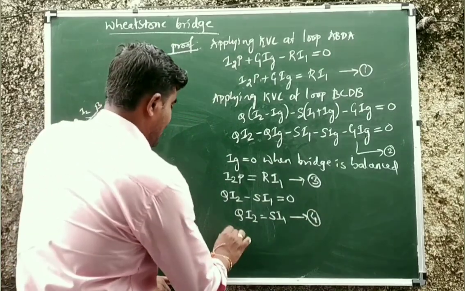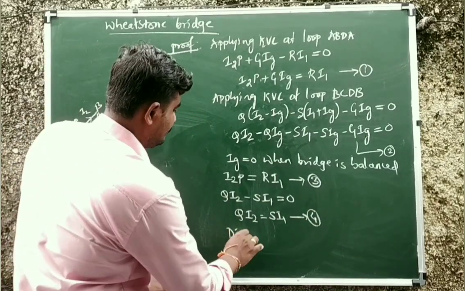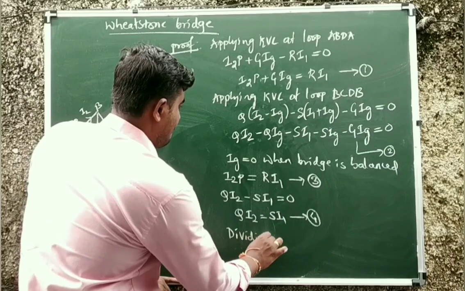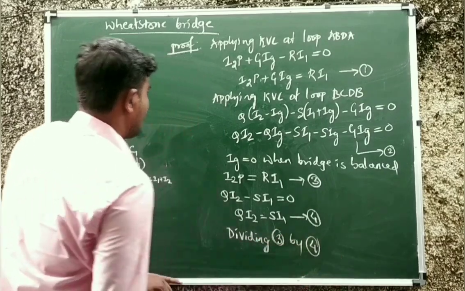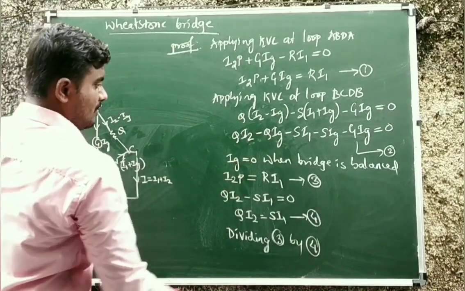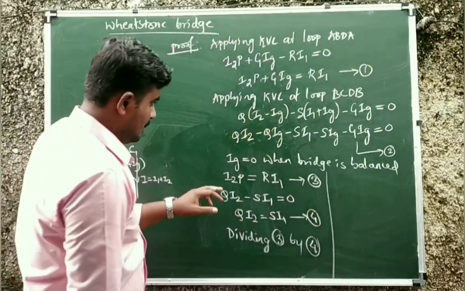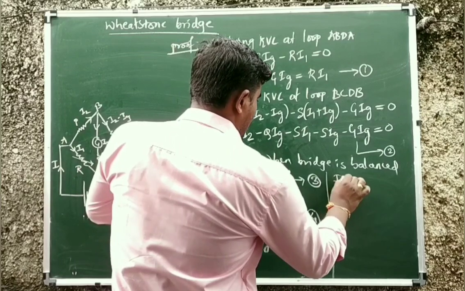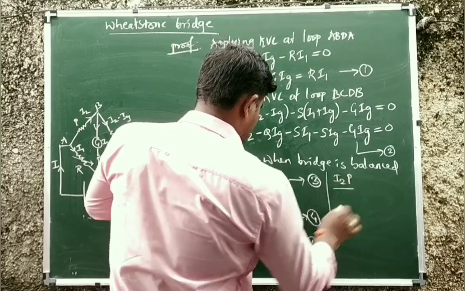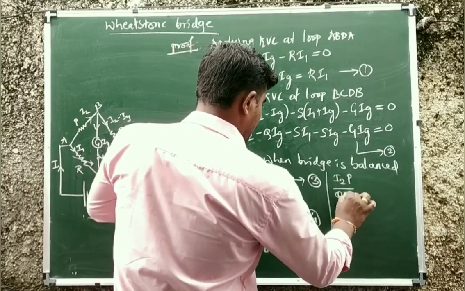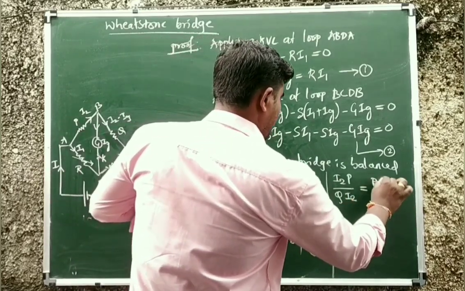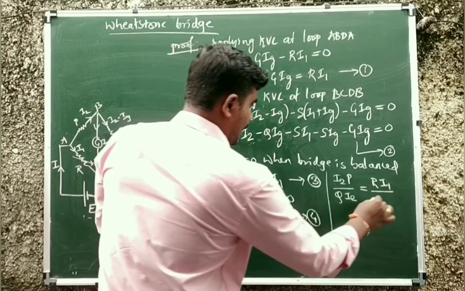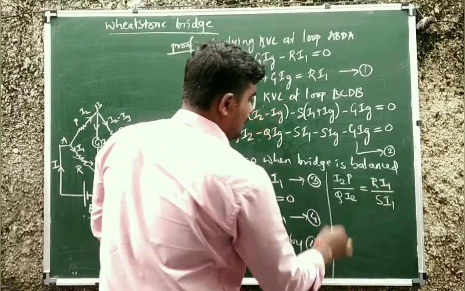Dividing 3 by 4, what happens? Equation 3 divided by equation 4: I2P divided by QI2 is equal to RI1 divided by SI1.